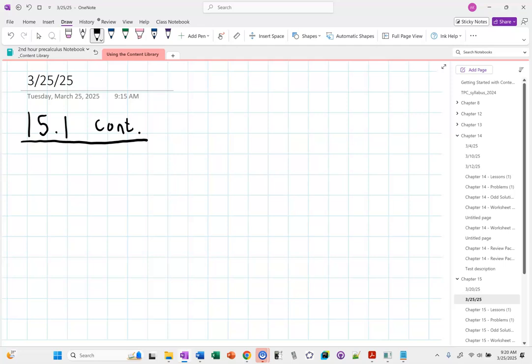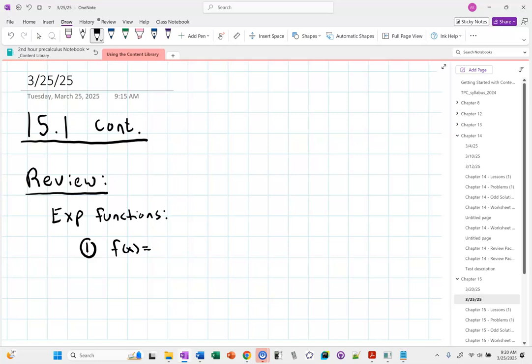All right. So I want to just kind of touch on or review a couple of topics from 15:1 before we get started, and finish up with 15:1. So last time we had talked about exponential functions, and we said that there was kind of two different ways that we could represent them.